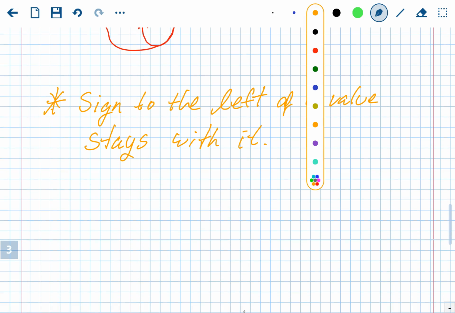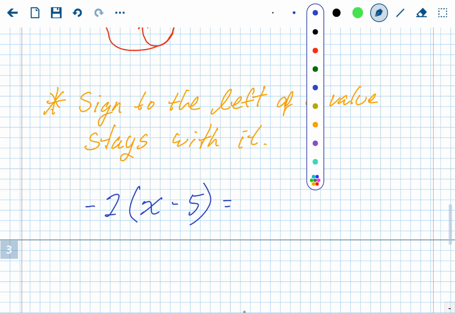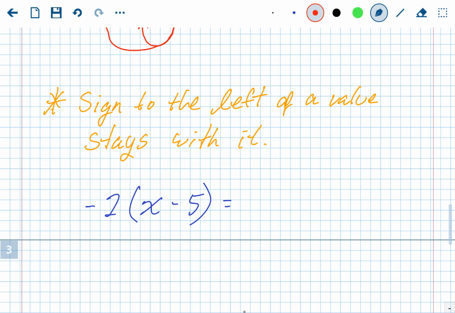So for example, if you have -2 times the quantity x minus 5. Now again, notice that we have numbers in this one, it's not all symbols. We want to combine x minus 5, but we can't, because we don't know what x is. So to get rid of the parentheses, we're going to use the distributive property, distribution.